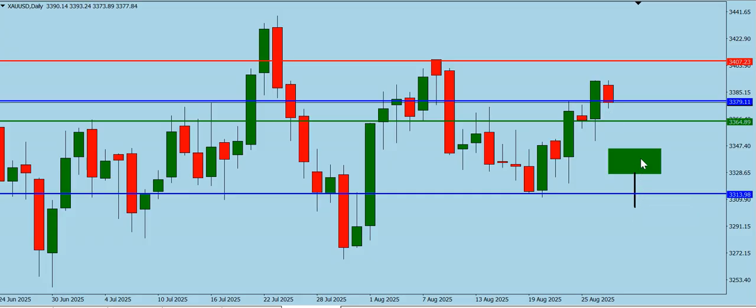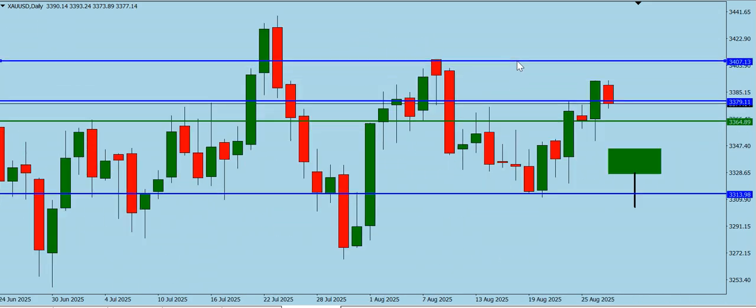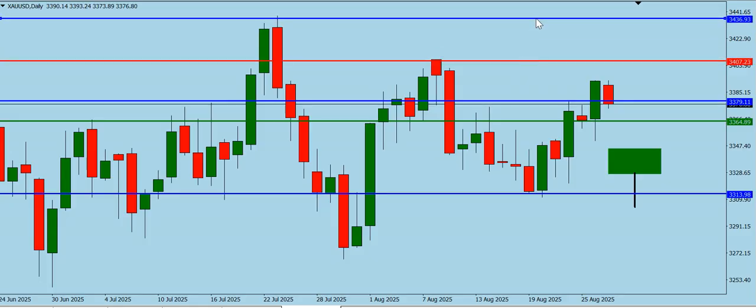Then I expect price to get back to the opening price and push up to form a bullish candle that might likely close above yesterday's candle. If we see that, then price is definitely going to go up first to the first resistance, 3407.13, before heading to possibly the all-time high.